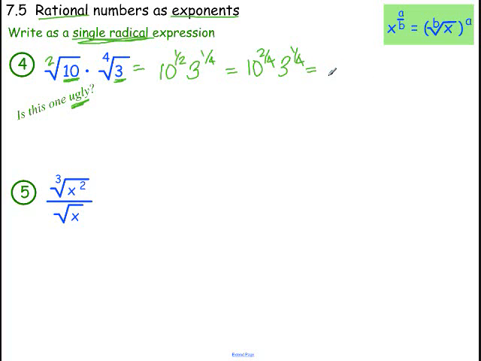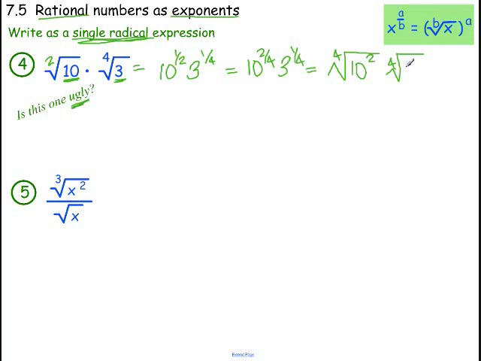Now I'm going to take this back into radical notation for a moment. We've got 4th roots for both of them. This has a base of 10 and a power of 2.